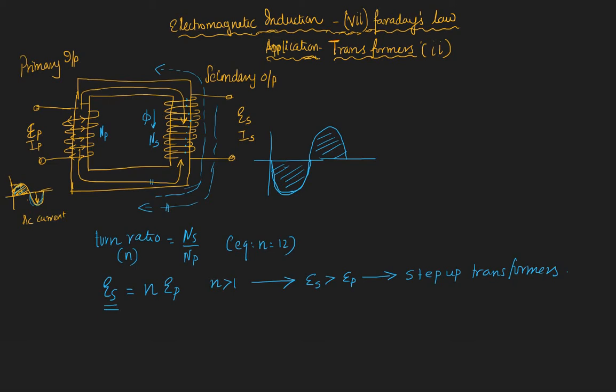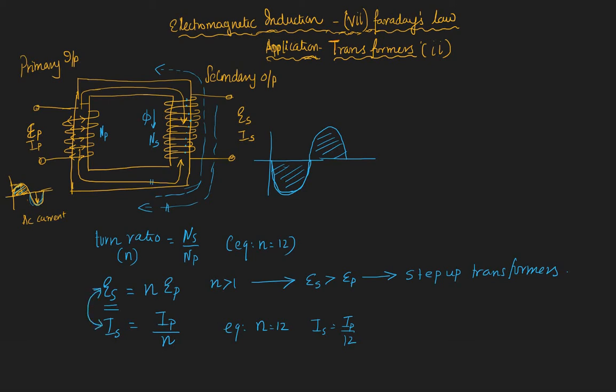The current for the secondary would be given by the primary divided by N. So if N is 12, then your secondary current would be 1/12 of the primary, so the current would decrease.